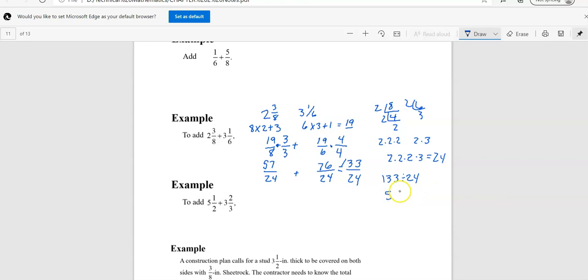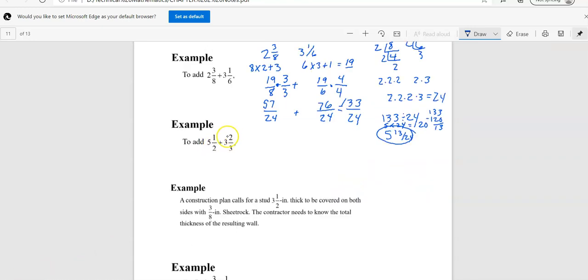And then 5 times 24 gets me 120. So the difference between 133 minus 120 gets me 13. So that's going to be 5 and 13 24ths. That's going to be my final answer on that.